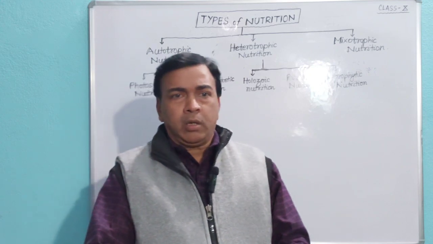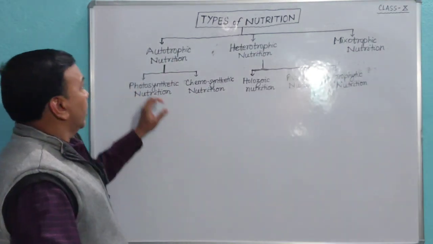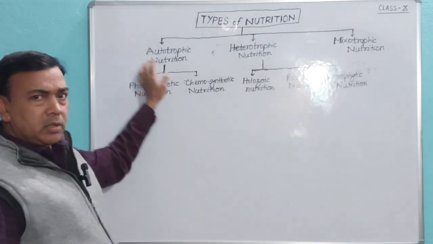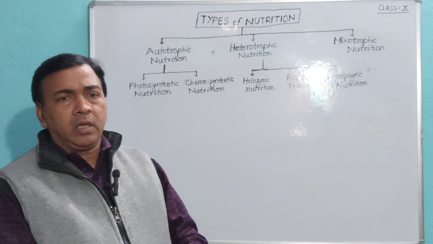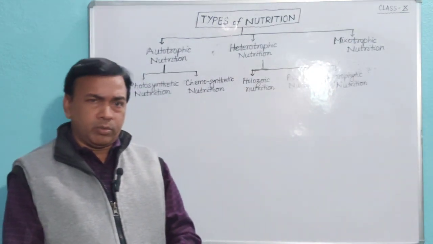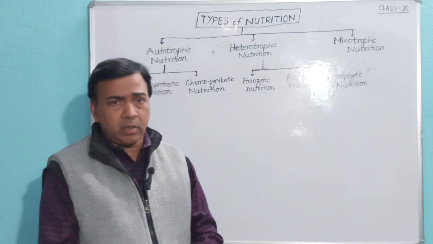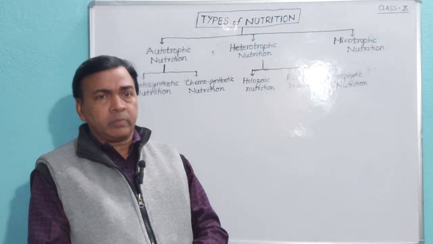So first of all, I shall explain autotrophic nutrition. What is autotrophic nutrition? Autotrophic nutrition is a kind of nutrition in which organisms synthesize their own food, either involving sunlight or without involving sunlight.